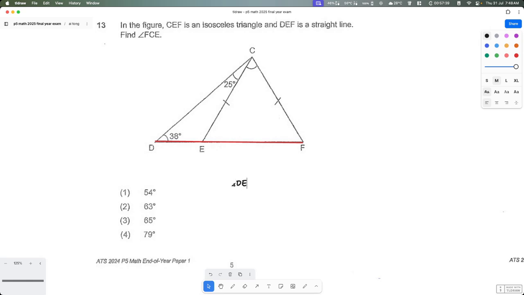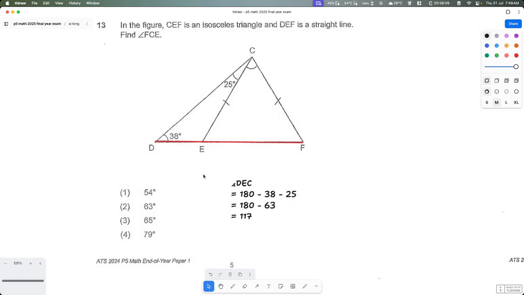DEC is equal to 180 minus 38 minus 25. So 38 plus 25 is 63, so 180 minus 63 will give us 117.